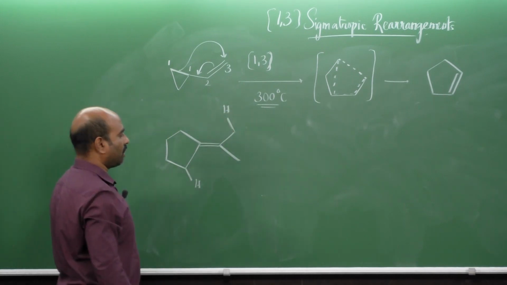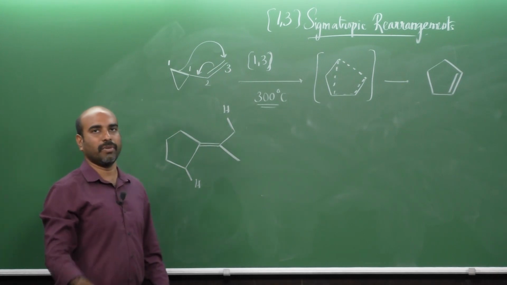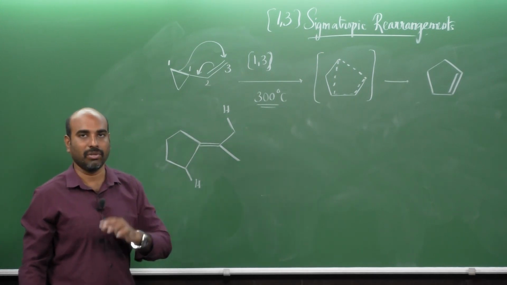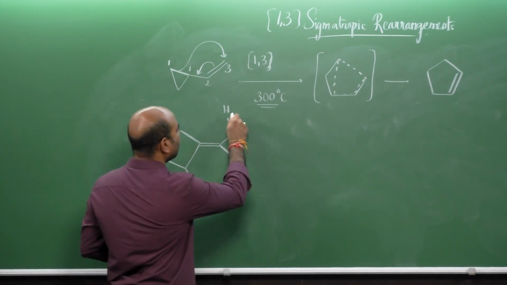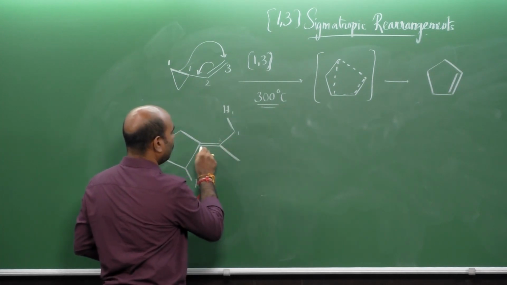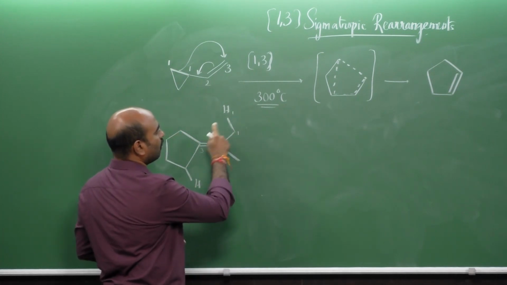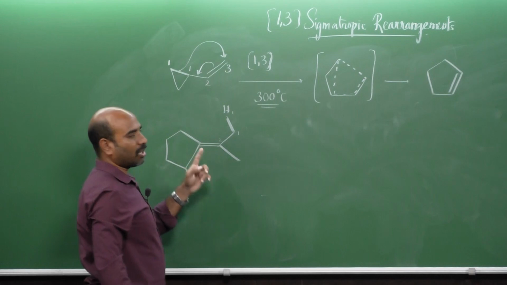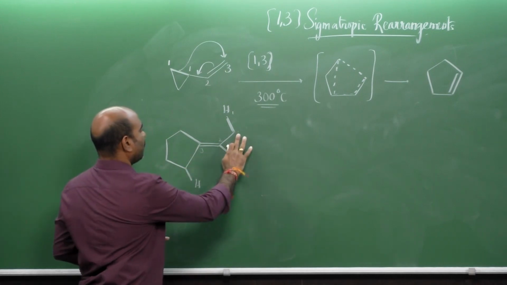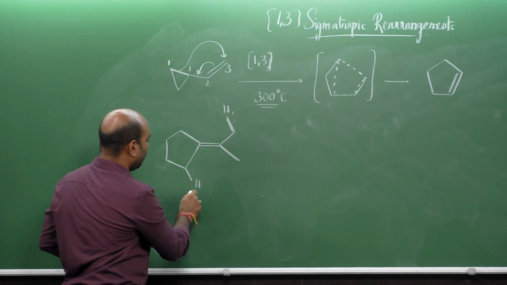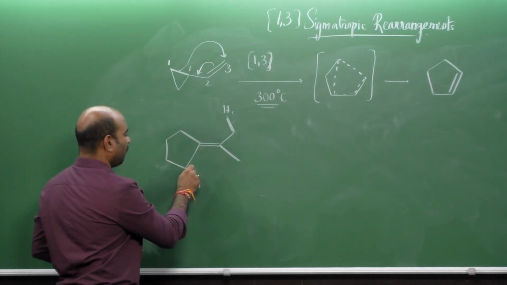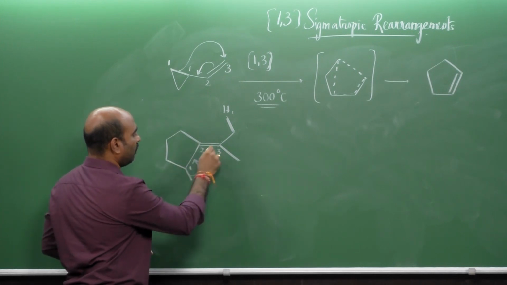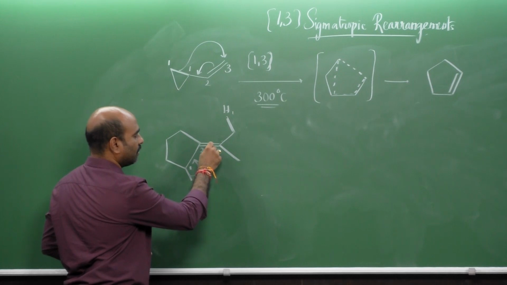If you look into this particular example, there are two possibilities where you can see the 1,3 sigmatropic hydrogen shift. You can consider this as 1, 1, 2, 3. So, this is also possible, where this sigma bond can migrate to the third position, or else if you see this one, the endo 1, 1, 2, 3. So, this sigma bond can also undergo migration.